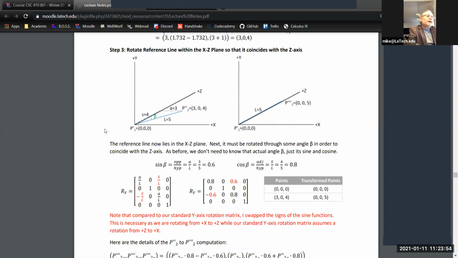So that's why, if you're carefully following through the notes and you go back and look, you'll see that I've got the signs swapped. That's because I'm doing a rotation that's in the opposite direction of the way I originally defined it. And we spent a lot of time on Wednesday talking about that and me breaking it down.